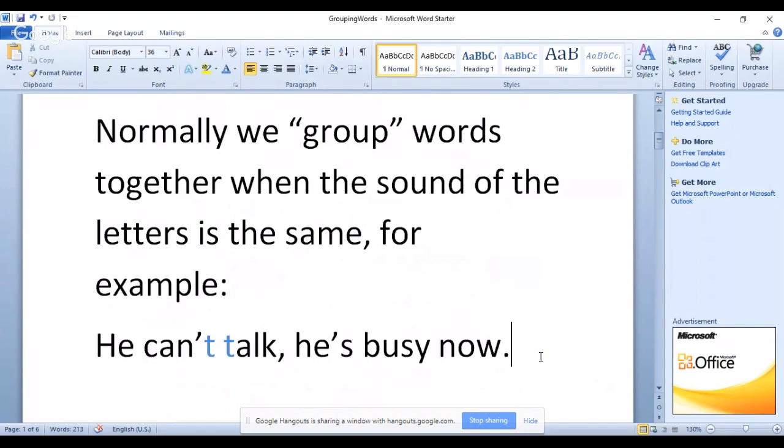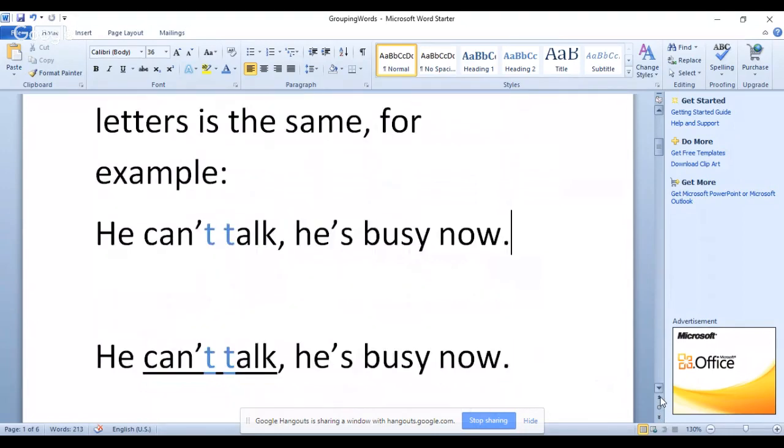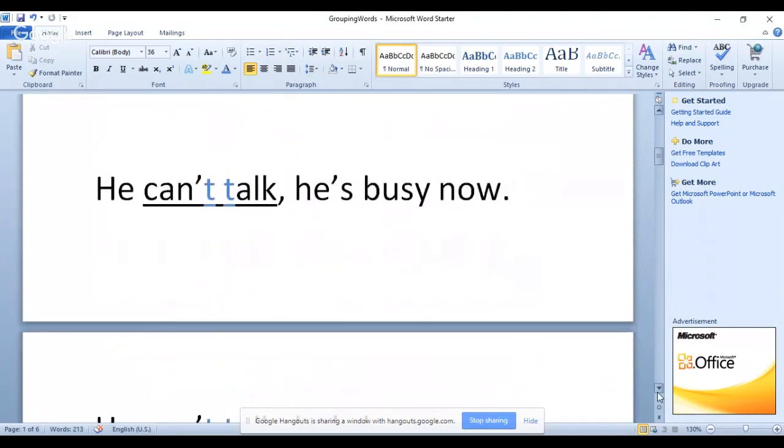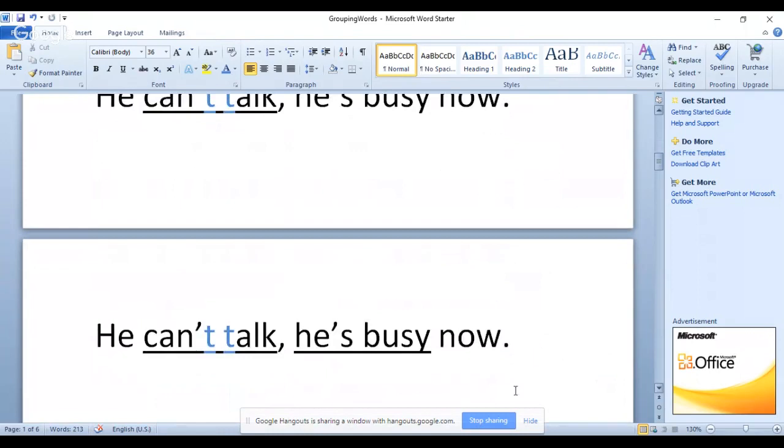We're also linking these words in a different way without knowing it. He can't talk. We're saying can't talk very quickly together. He's busy now. And so that's a full sentence, right? But we can also link this again.